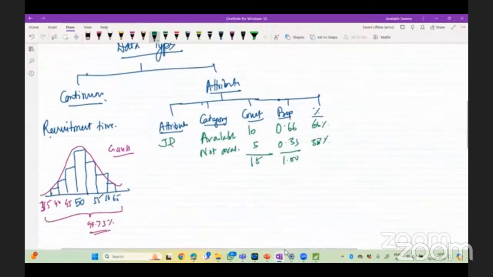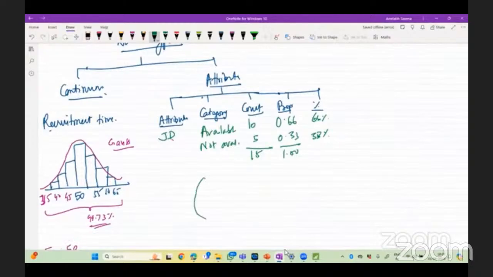And when I'm displaying any attribute data, I cannot make a histogram. I will always make a pie chart. Here 33% will look something like this. So 0.66 or 0.33.